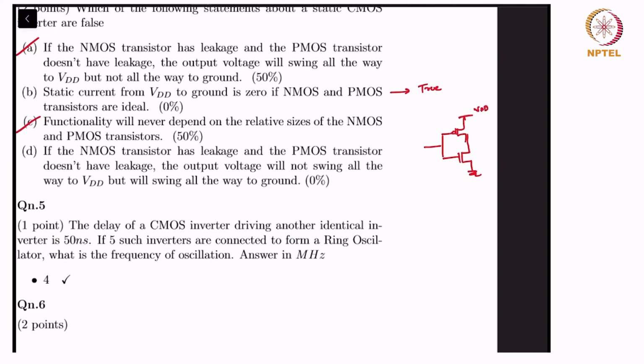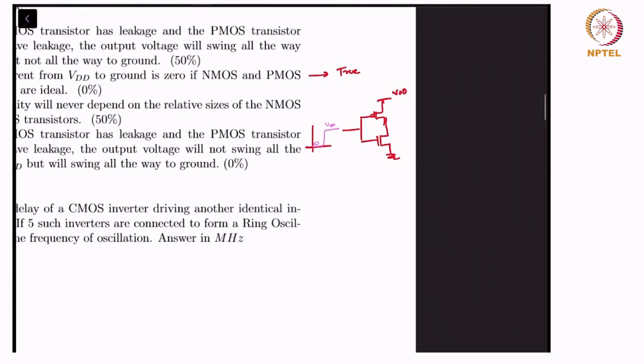So what will happen when the input swings from 0 to VDD? When the input is 0, the PMOS is on strongly, but the NMOS is off in subthreshold region.